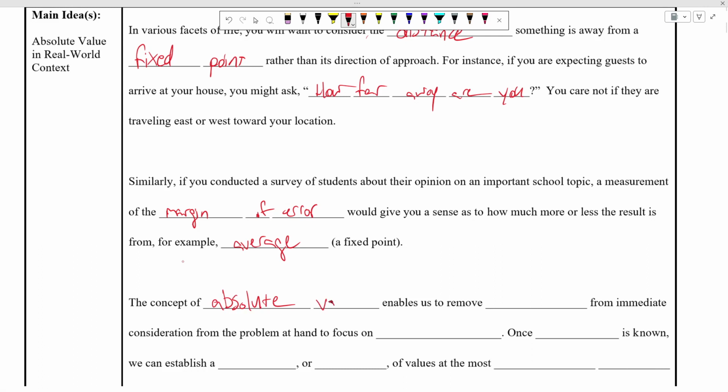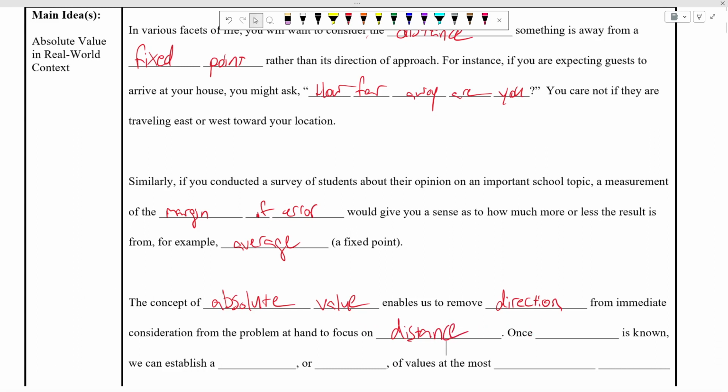Absolute value enables us to remove direction from immediate consideration from the problem at hand in order to focus on distance, for that is our primary concern.